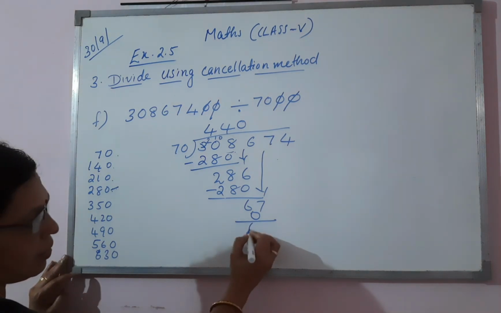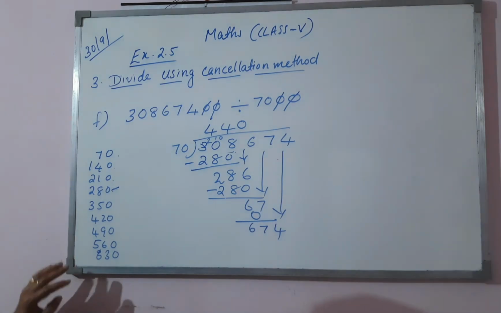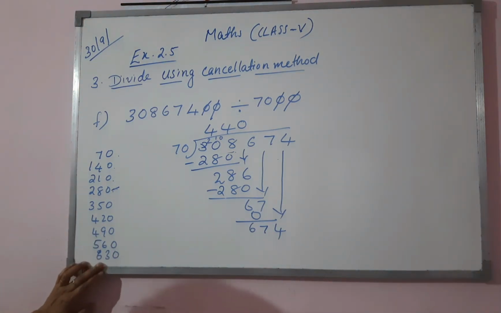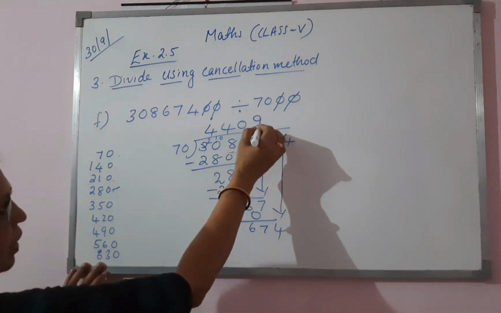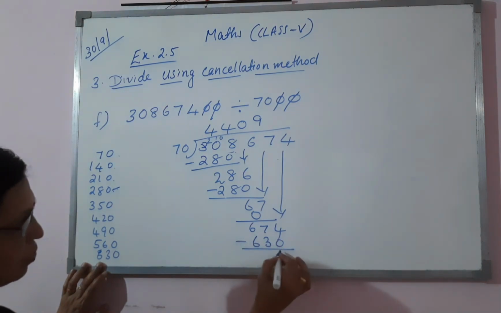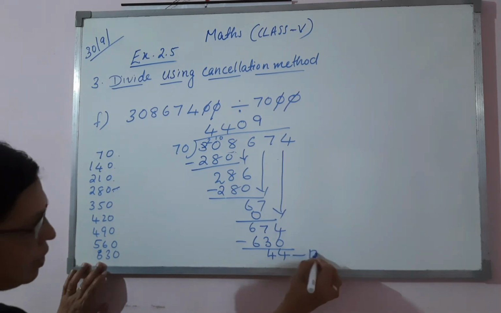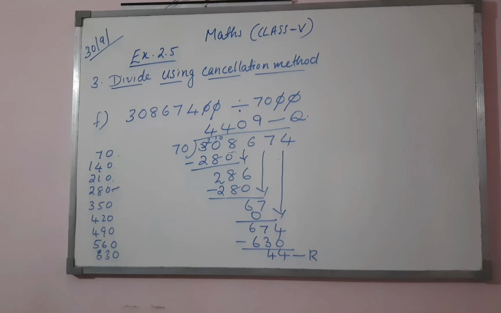So 67. Now again you have to bring down that 4. 674. So 674, which number can we take? 630 we can take. That is 9 times 630. Subtract, 4. 7 minus 3, 4. So the remainder is 44 and this is the quotient.